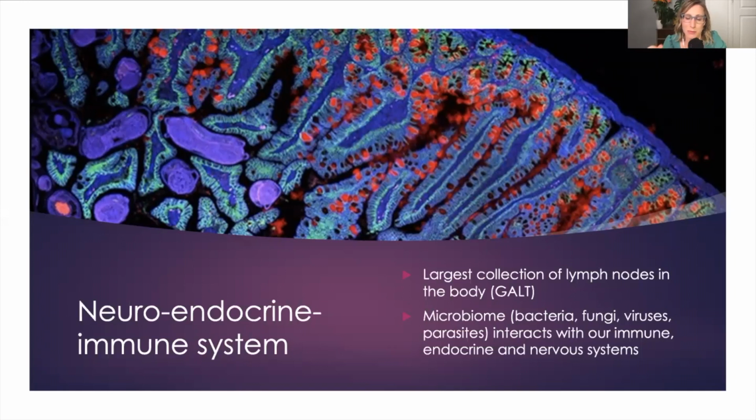It's estimated anywhere from 70 to 80% of the body's lymph tissue is in the gut. And our microbiome is not just bacteria, but also different types of fungi, or yeast, viruses, many, many more viruses than bacteria are estimated to be in the gut at any given time, and then also parasites. All of these things interact with our immune system, endocrine system, and nervous system, and then back to the brain.